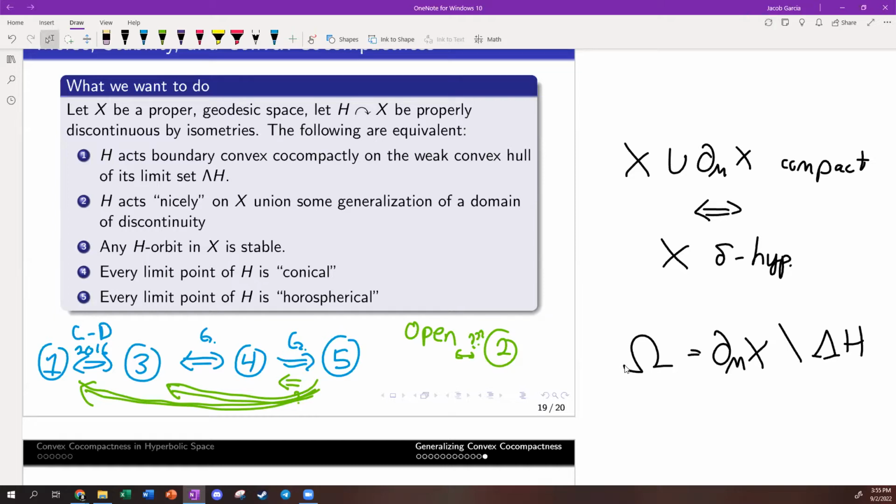Going back to this picture, even though I know that the group behaves nicely around this quasi-axis, I don't know how the group behaves up here, and that makes it very hard to get arguments to go.